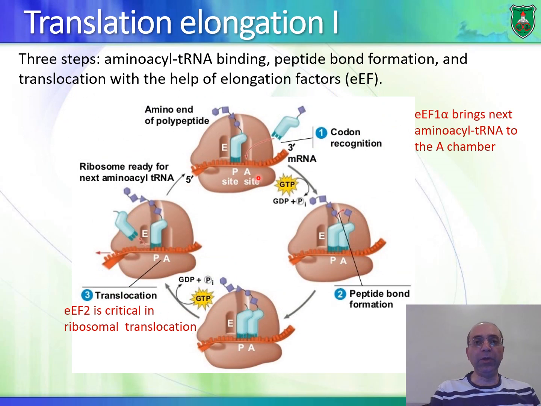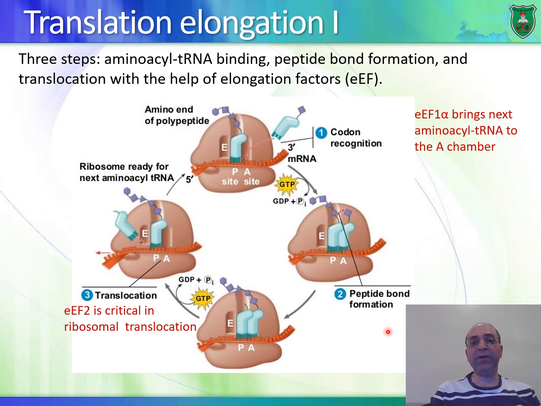So now we go into elongation, and elongation requires a number of proteins known as elongation factors, EF, eukaryotic elongation factors. And what these do, particularly elongation factor 1 alpha, is that it brings the second tRNA to the A chamber, to the A site. Now you have these two tRNA molecules next to each other.